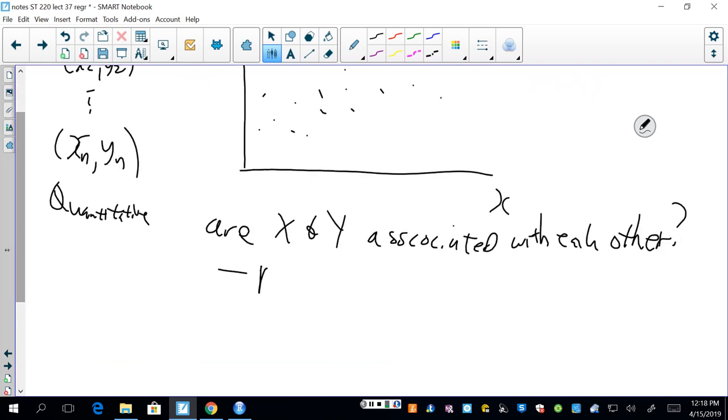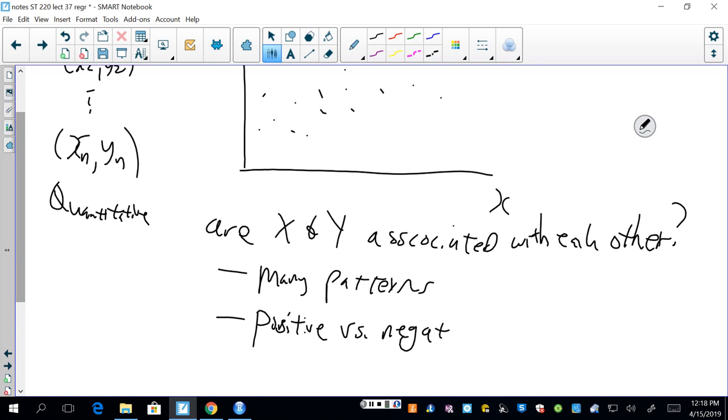Generally, in describing these, we look for a positive versus negative association: do they tend to go up together, tend to go down together, or is it something more complex? And then the strength.